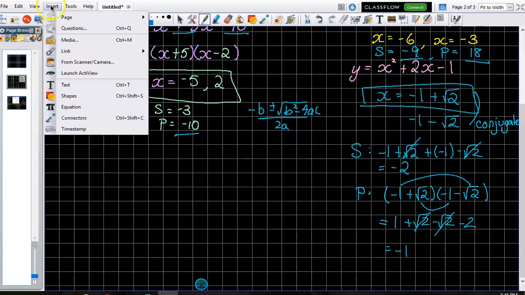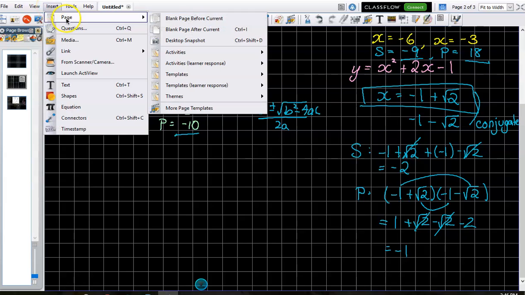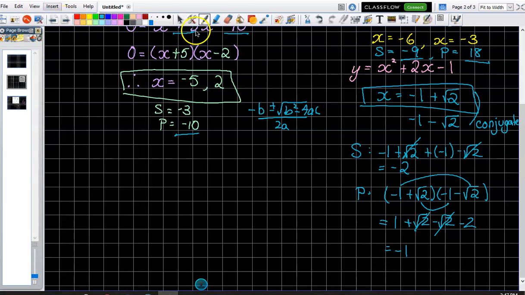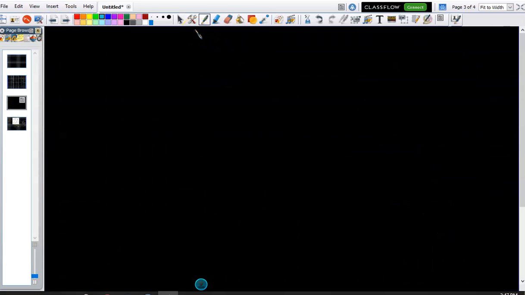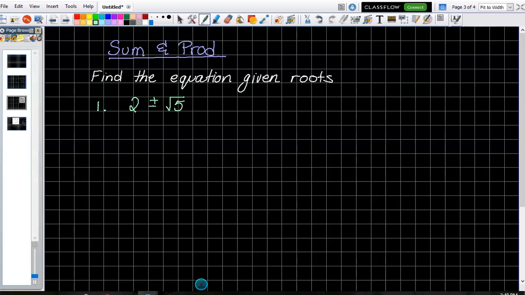Right, so let's you try a couple. So grab your books, put today's date, put a little heading, sum and product. So peeps, I'm not going to write 2 plus root 5 and 2 take root 5, right? I'm just going to write it like so. You do that.